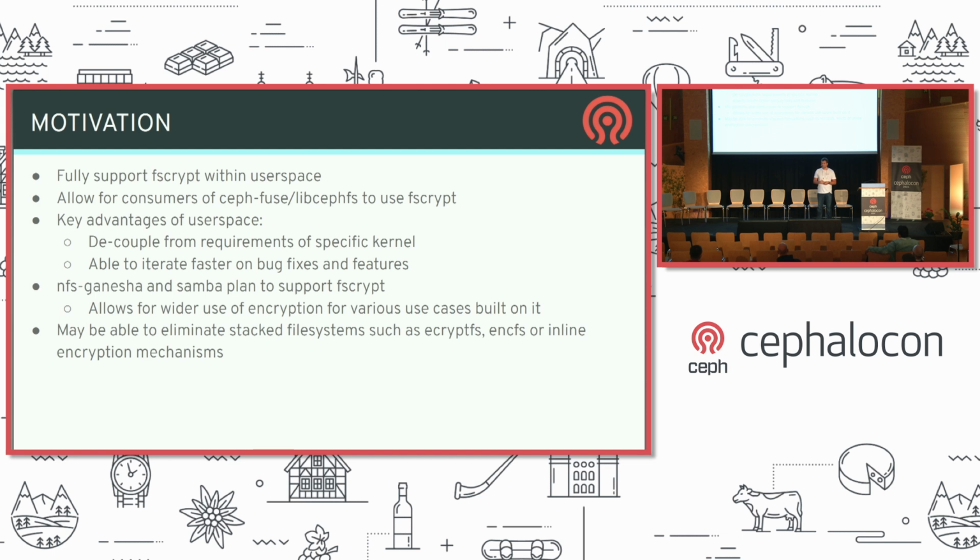So there are various key advantages of user space. It's not unique to this project. Faster iteration on bug fixes, faster debugging, or easier debugging in some ways of various components. There's been discussion on NFS Ganesha and Samba to support fscrypt as well, again opening it up for wider use cases.